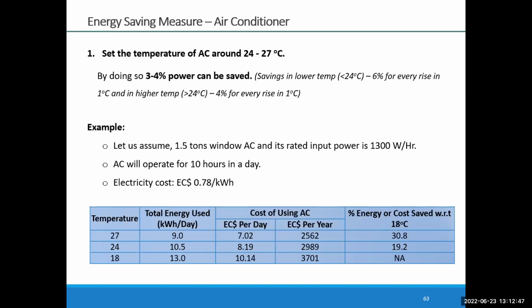If you set it at 27 degrees, you will be reducing around 30.8%. So a significant amount of energy can be saved when you set the temperature of the air conditioning unit between 24 to 27. This is one kind of opportunity available in air conditioning units.